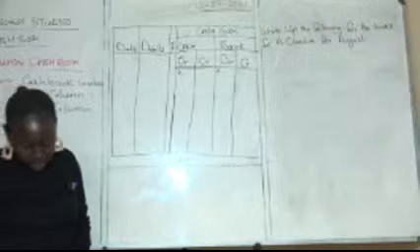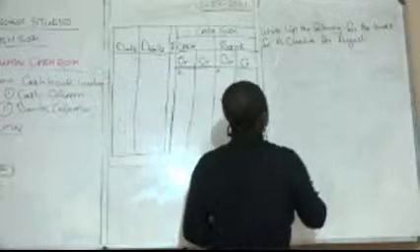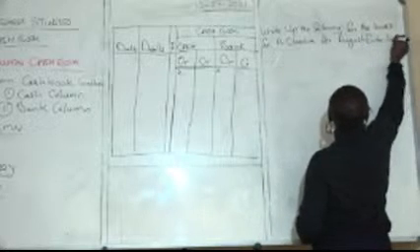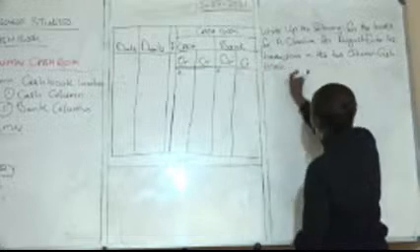Enter the transactions in the 2-column cash book.